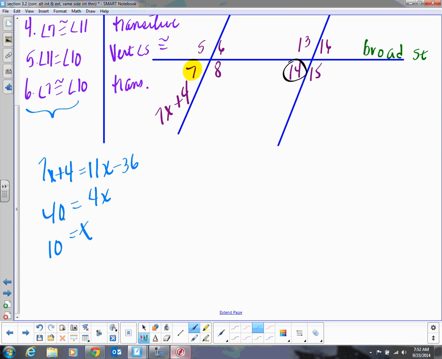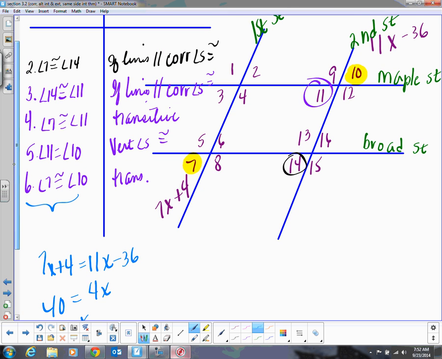All right, thank you. So now we're going to look at number 8. We want to go to angle 12. So where is angle 12? Angle 12 is right here. We know angle 10. This relationship is a linear pair.